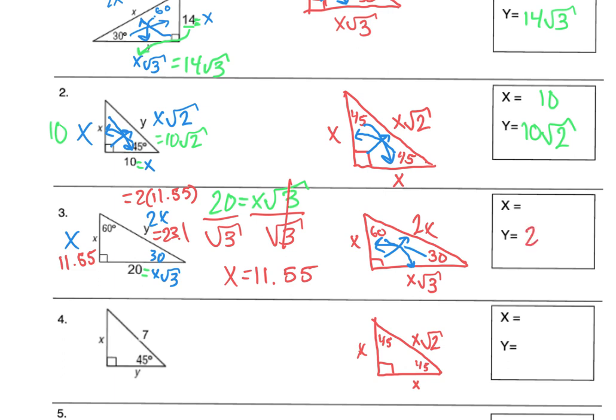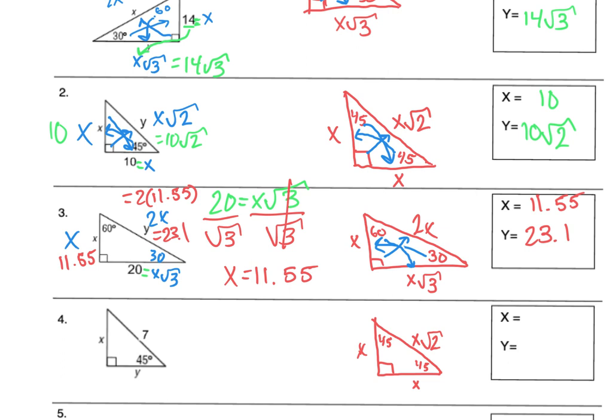So 23.1 for the y side and 11.55 for the x side. I know it says to leave your answers in simplest radical form, but again, for the sake of time, I'm going to put these in decimals. You can always take the answer choices, put those in a calculator, and see which ones give you those answers.